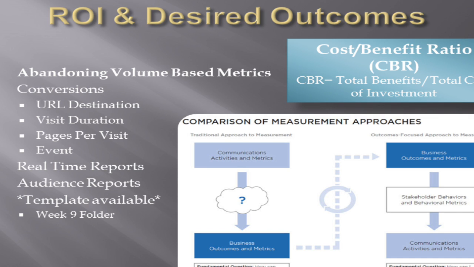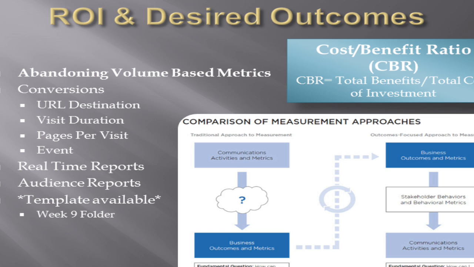Let's return to talking about ROI, or ROO, or what we call desired outcome. ROI is a measure of the monetary benefits obtained by an organization over a specified amount of time for a given investment in, say, a program or a campaign. ROI can be used to both justify a planned investment or to evaluate the extent to which the desired return was achieved.